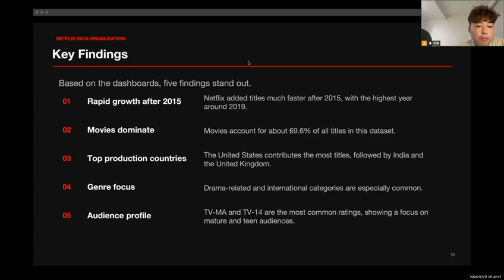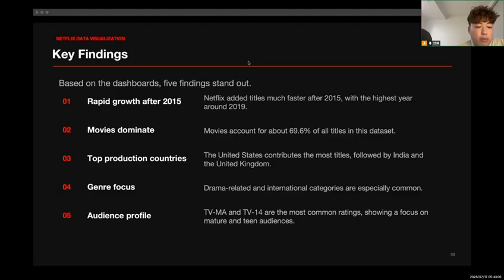After building the dashboards, I organized them into a Tableau story. The first story point explains the Netflix rapid growth and shows how its library expanded over time.